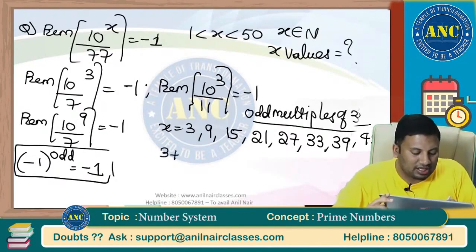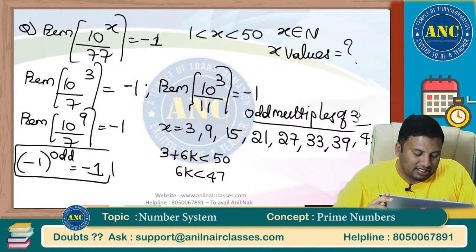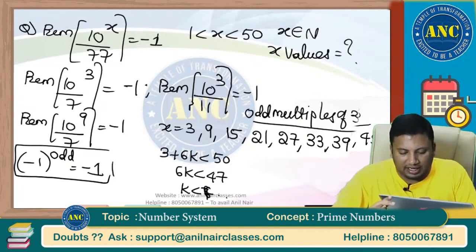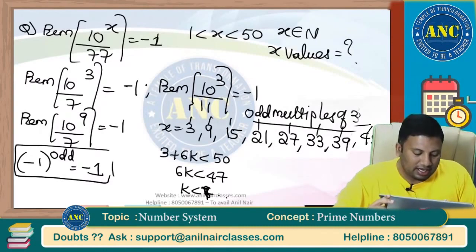So 3 plus 6k is less than 50. 6k is less than 47. k is less than 7 point something. So k is 0 to 7.